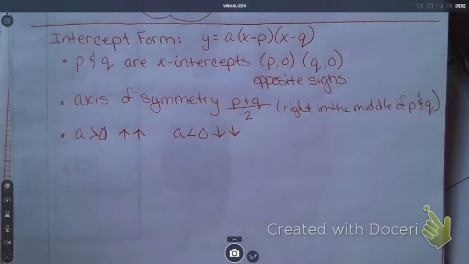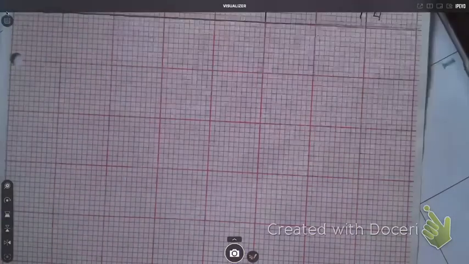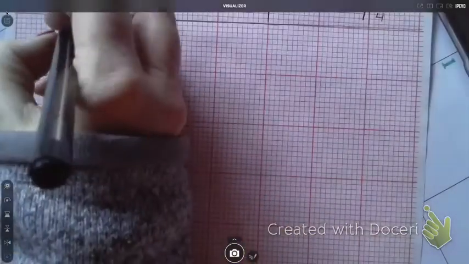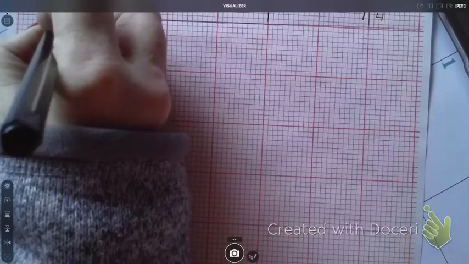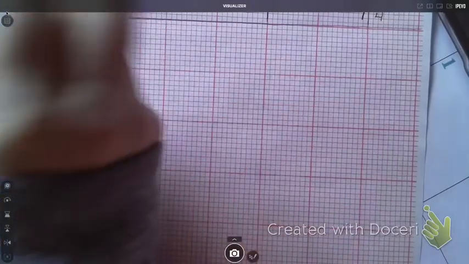Okay, you good? Okay, so y equals, oh, I didn't say wide or narrow.